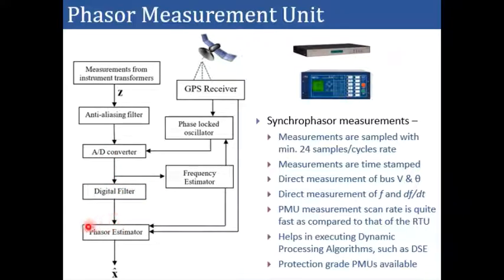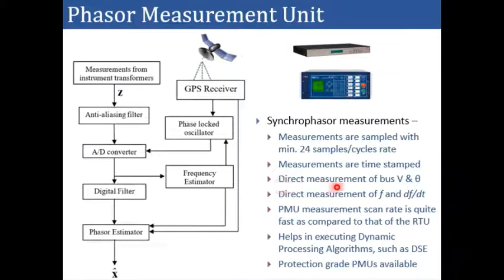After the digital filter, we run the phasor estimation algorithm, which is generally based on discrete Fourier transform or fast Fourier transform, and then we get the output as the phasor value. So the measurements which we sample here are a minimum of 24 samples per cycle to get the phasor value of a desired accuracy. The measurements are time stamped because you get the time information from the GPS receiver.